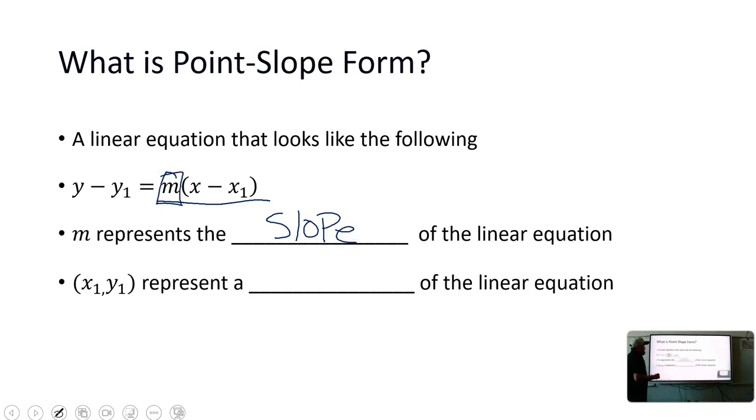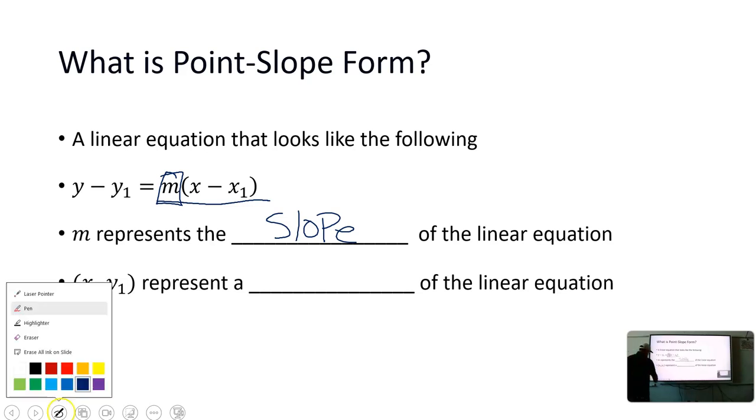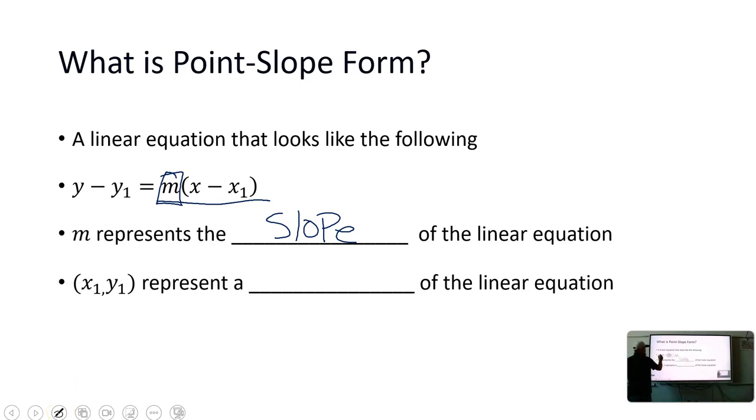And then to find the point or the coordinate, whatever they give you in this position right here, and this one right here, will give you the coordinate that is on your graph. So x1, y1 represents a coordinate, or point if you want to say point.